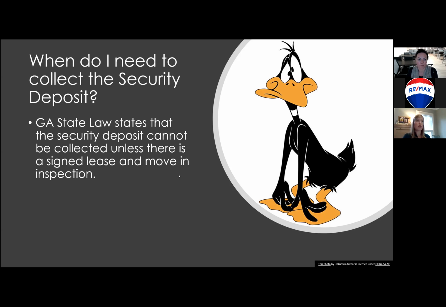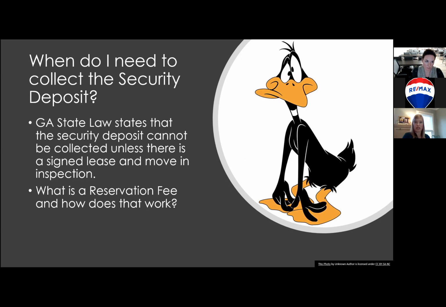Correct. But this kind of leads into, well, if I'm taking the property off the market, like the tenants don't want to move in for 2 weeks, how can I secure the property so that they move in, they don't walk away from it? A lot of property managers will collect what's called a reservation fee. For example, RMS team, once we accept an application, the applicants have 24 hours to bring us the reservation fee. We equate that to the first month's rent.